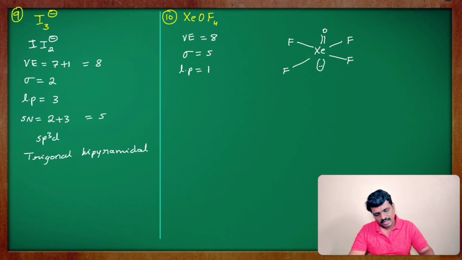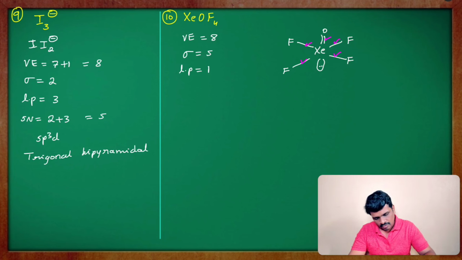Okay, so now we can understand the 8th electron is in the pi bond, correct? Here one sigma bond, the second sigma bond, third, fourth, and one more sigma bond is there with the oxygen, and another bond is known as pi bond, and one more electron, that is nothing but the 8th electron of xenon, is present between oxygen and xenon in the pi bond.